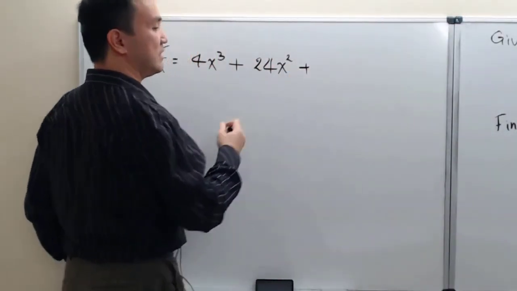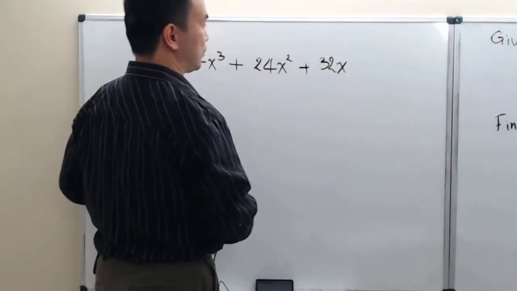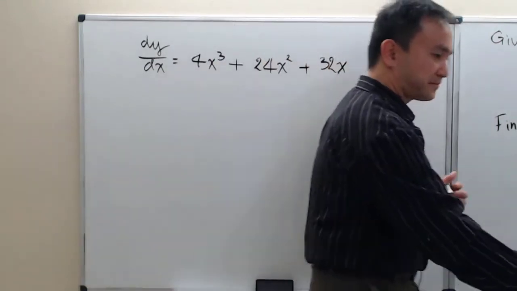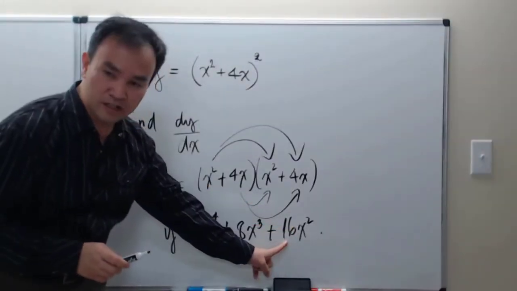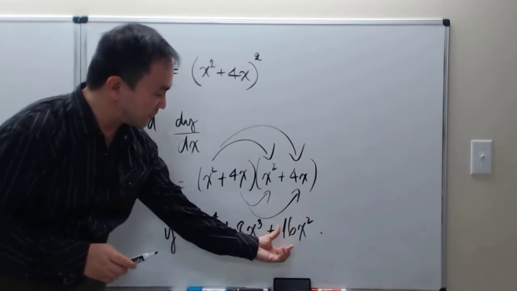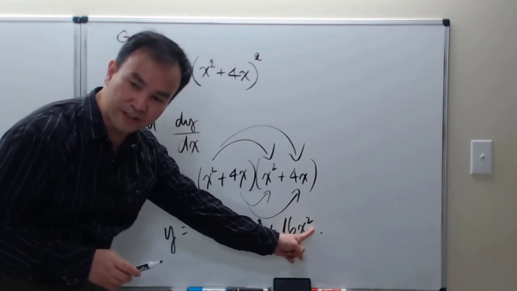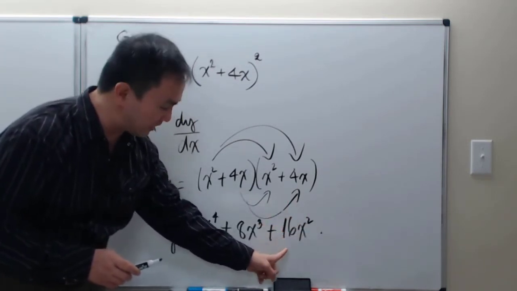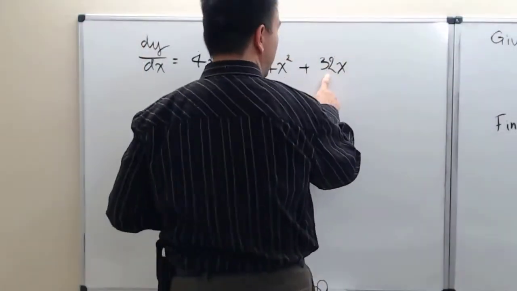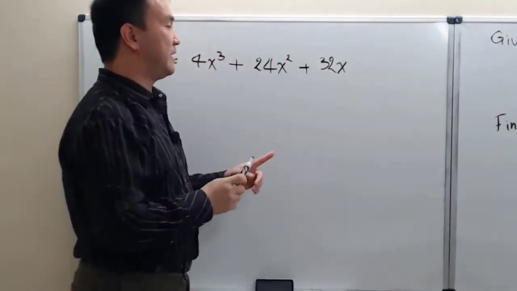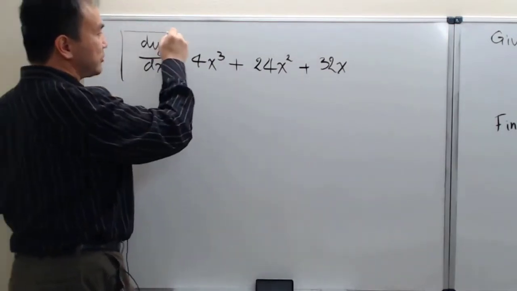And the last term here, of course, becomes 32x, as once again the 16 was a constant coefficient from the last term of the previous step, and then the power after taking the derivative is multiplied down into the front, and together with that 16, that's how I ended up with 32, and the power in our derivative here is a power 1. So we have our derivative, which is just fine.